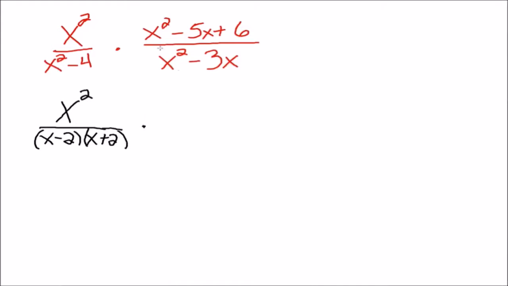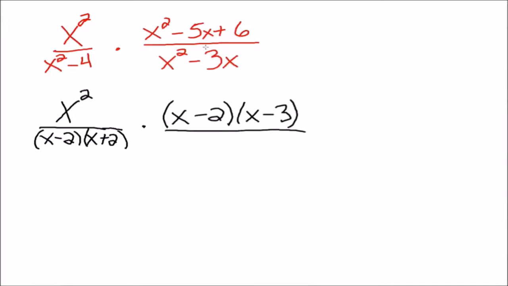Times, alright, x squared minus 5x plus 6. So let's see, factors of 6: x minus 2 and x minus 3. If you need to refresh your memory on factoring trinomials, by all means, check out that other video.